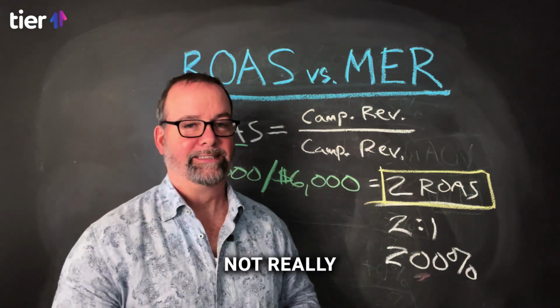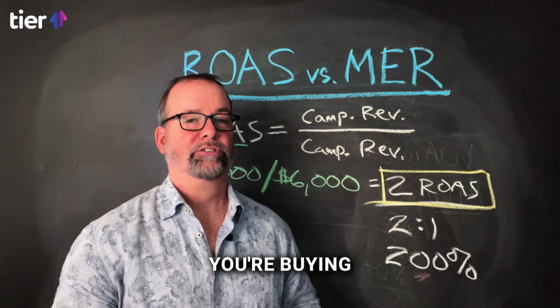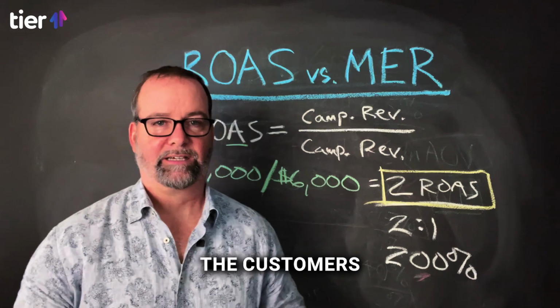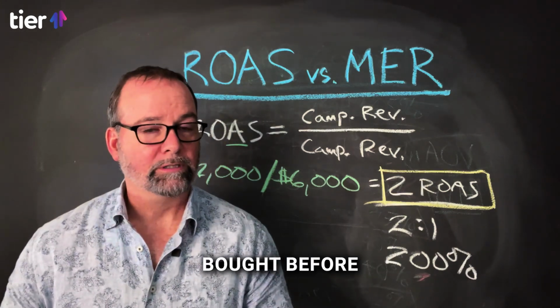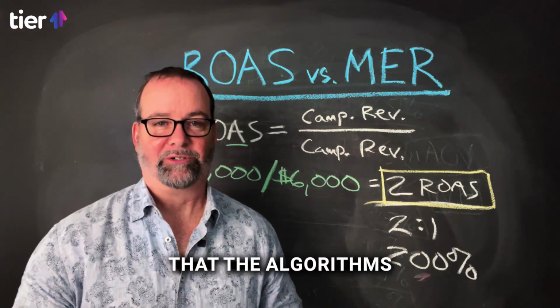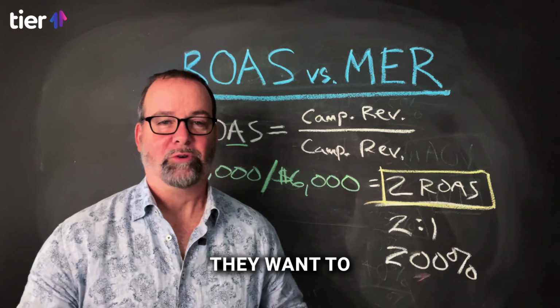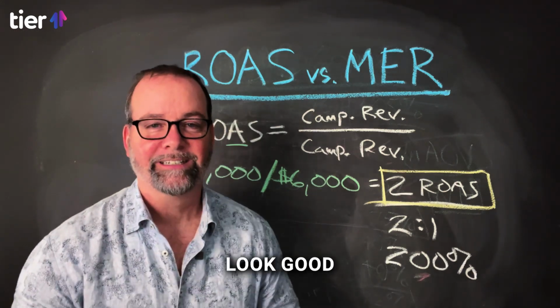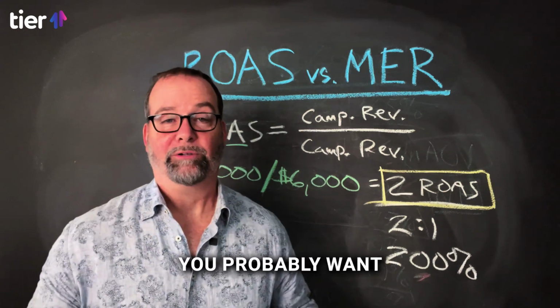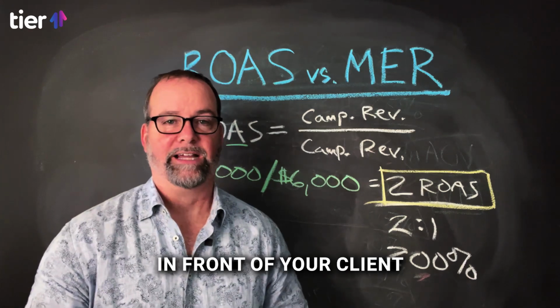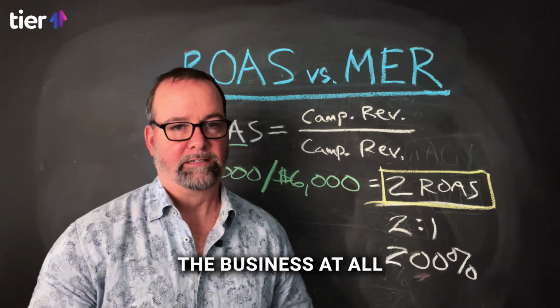So you're actually not really getting any new customers. You're buying continuously the customers that you've already bought before. That's the way that the platforms work. They want to make themselves look good. Like if you're an agency owner, you probably want to make yourself look good in front of your client, but that doesn't help the business at all.